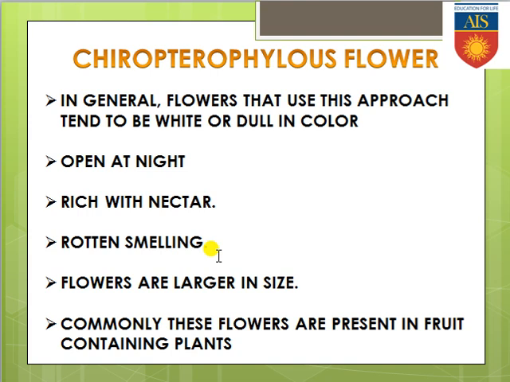Commonly these flowers are present in fruit containing plants. This is another more important thing. These flowers which get pollinated with the help of bats are present in fruit containing plants. Why?